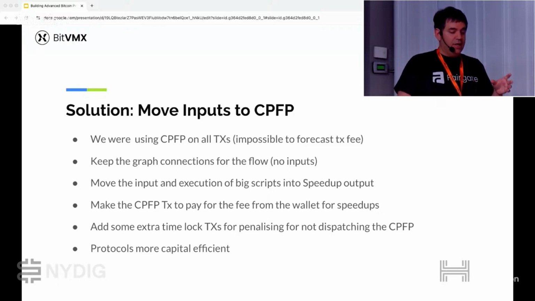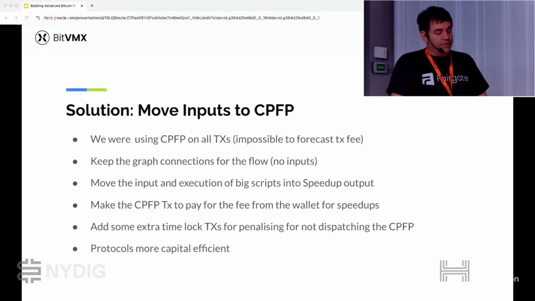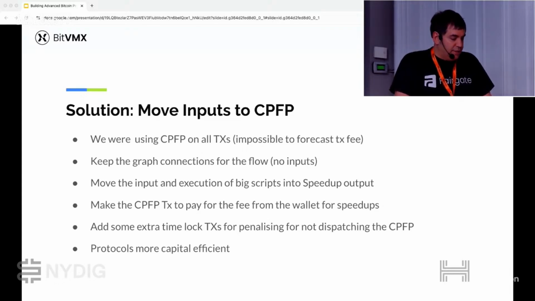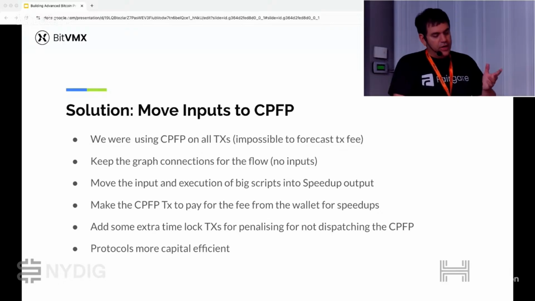This reduced the cost of the protocol a lot, making it more capital efficient. We need to add some extra time lock transactions to penalize for not putting this input on chain also, but at the end it's also more efficient.